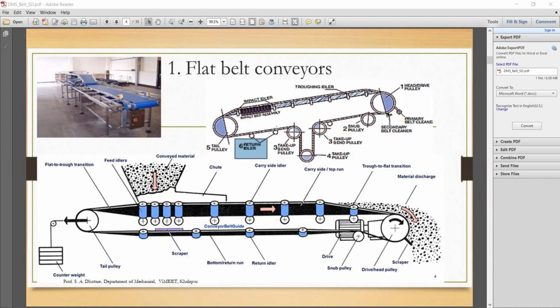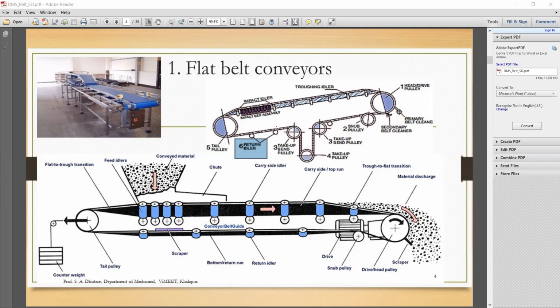Because of that, it has some potential risk of explosion or any other thing. So that's why we can completely enclose the content, or you can say in a sealed manner, we can convey such materials through conveyor system.